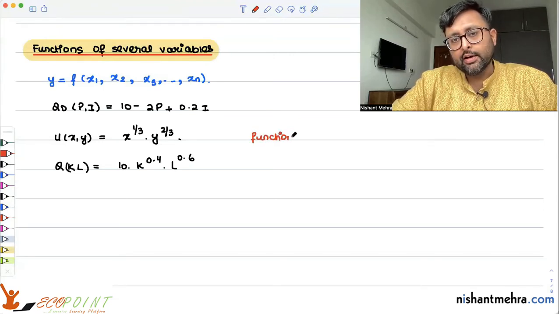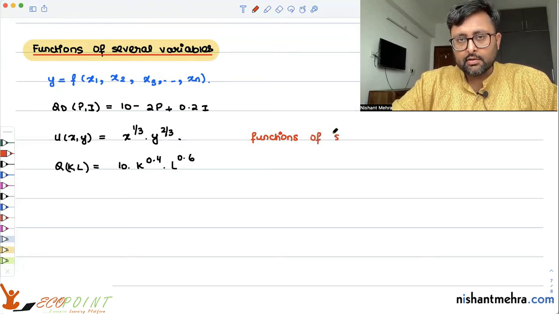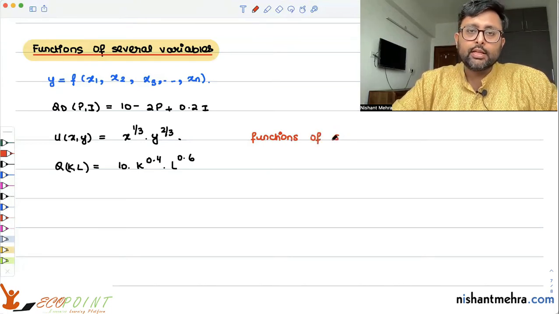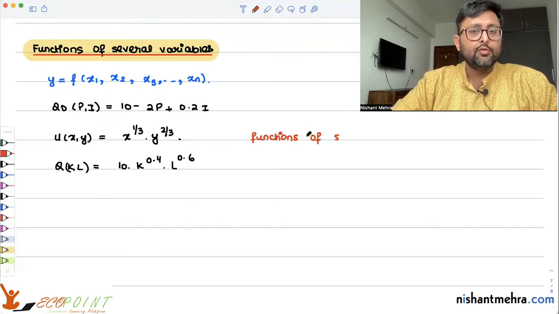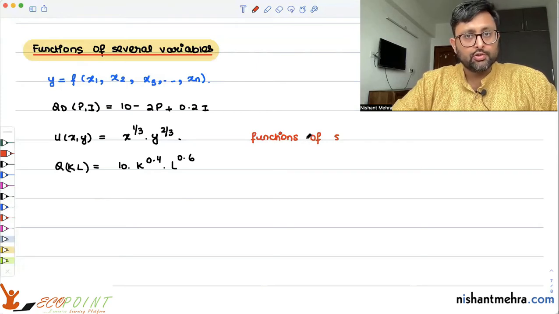And one more thing that I want to tell you. In this very basic series, I am just doing that much of maths which is required for the micro course. So don't think that this is the complete series of mathematical economics. For that, you have to see what Vidhi is doing. She's also starting from very basic and then moving up.